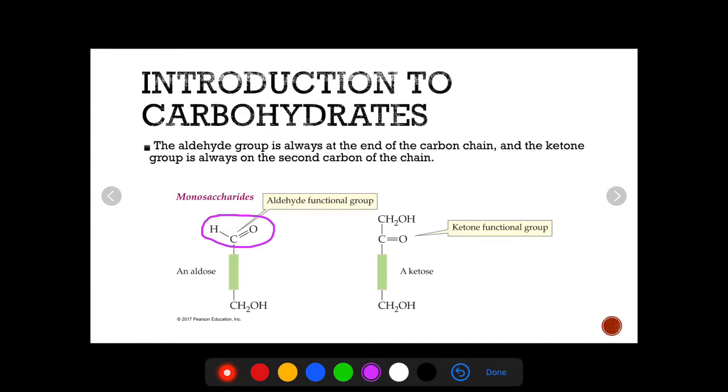The ketone in the monosaccharide is always located on the second carbon. We know ketones can't be located on the first carbon, so it has to be located on the second one. And then at the end of the carbohydrates, there's always a CH2OH group at the very bottom. We're going to talk about the green part in the next slide.